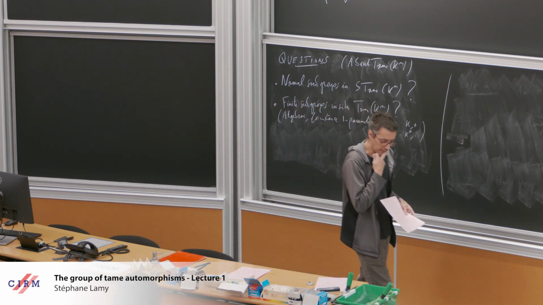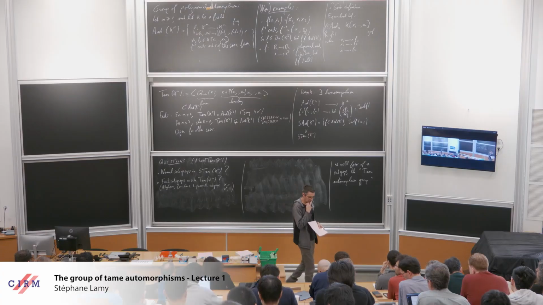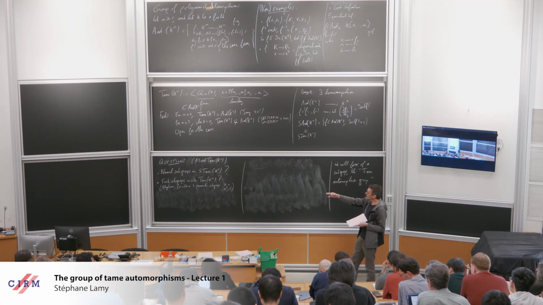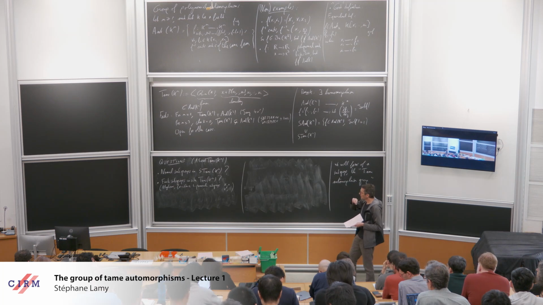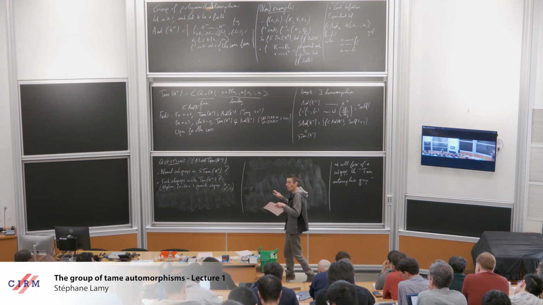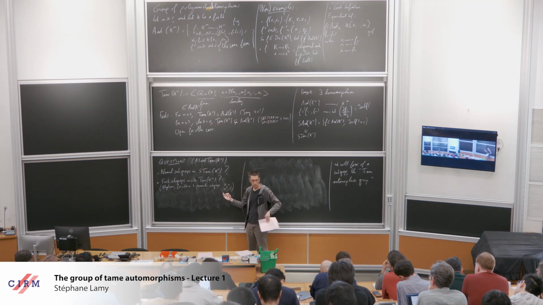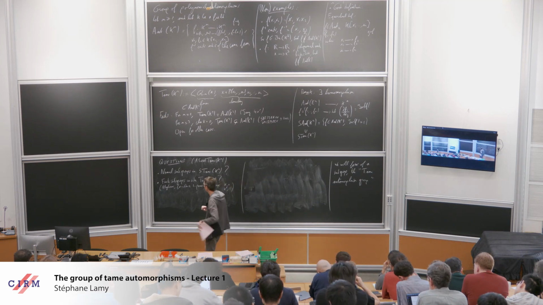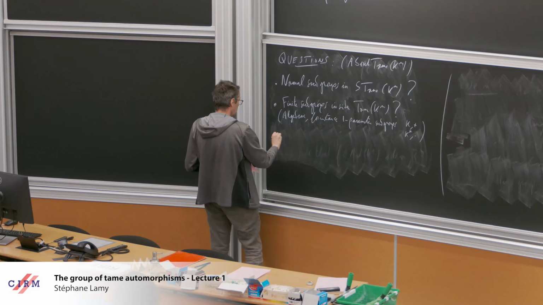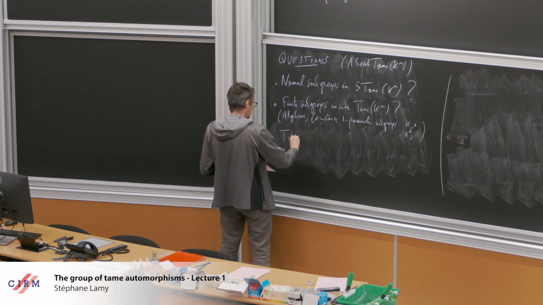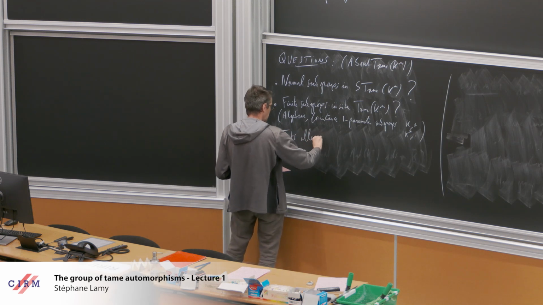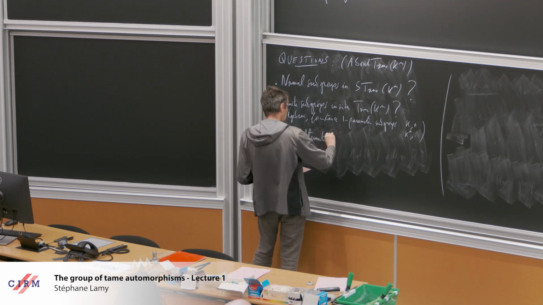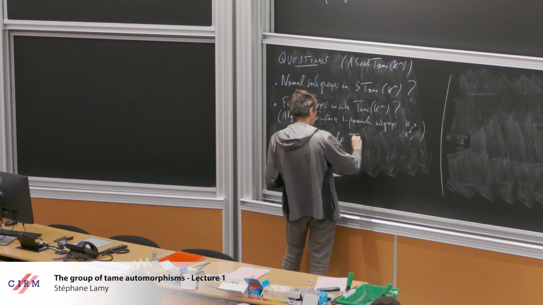Okay. And another one, a group theoretical question. Here it was about normal subgroups, about finite subgroups or algebraic subgroups. You can also ask questions about all subgroups, and then one way to put it is to ask for a Tits alternative for this group, a Tits alternative for tame Kn.